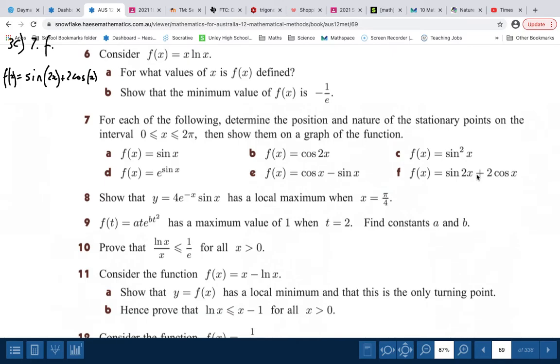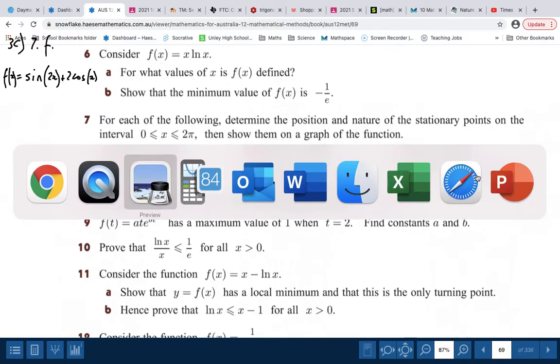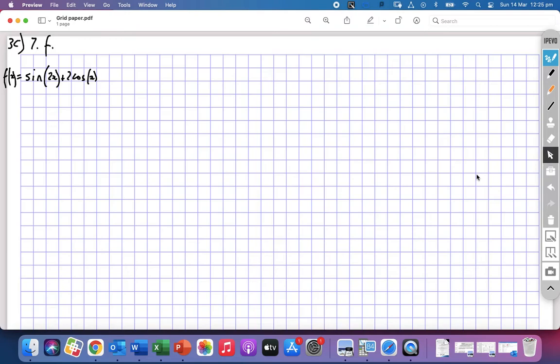So stationary points happen when the derivative is equal to 0, right? i.e. the gradient equals 0, or the rate of change of that function equals 0. So we need a derivative. Okay, so we could write f prime x equals derivative of sine is cos.